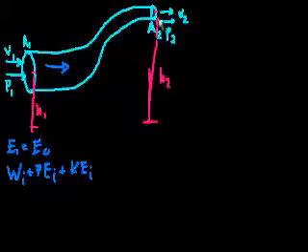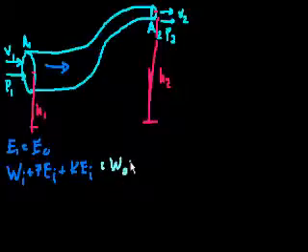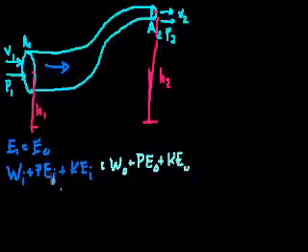And then we know from the conservation of energy that that has to equal the output work plus the output potential energy plus the output kinetic energy. A lot of times in the past we just said that the potential energy input plus the kinetic energy input is equal to the potential energy output plus the kinetic energy output. But the initial energy in a system can also be done by work. So we just added work to this equation that says that the energy in is equal to the energy out.